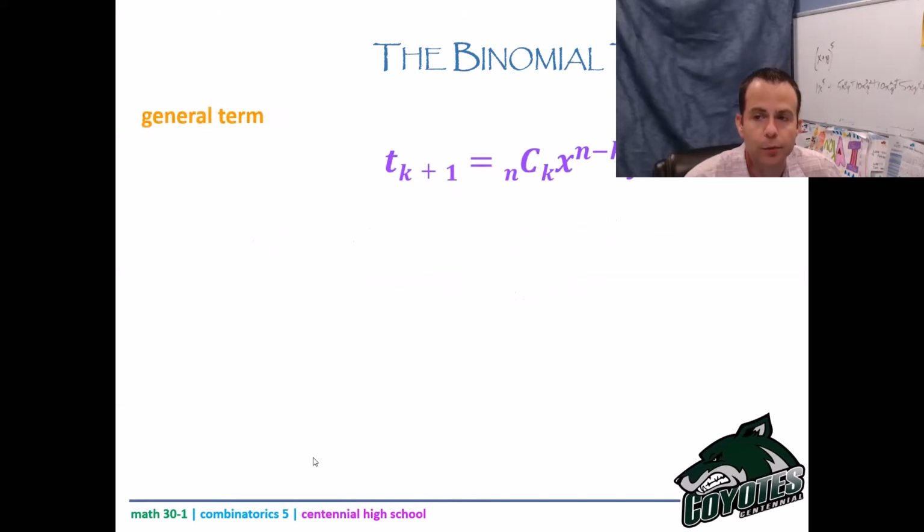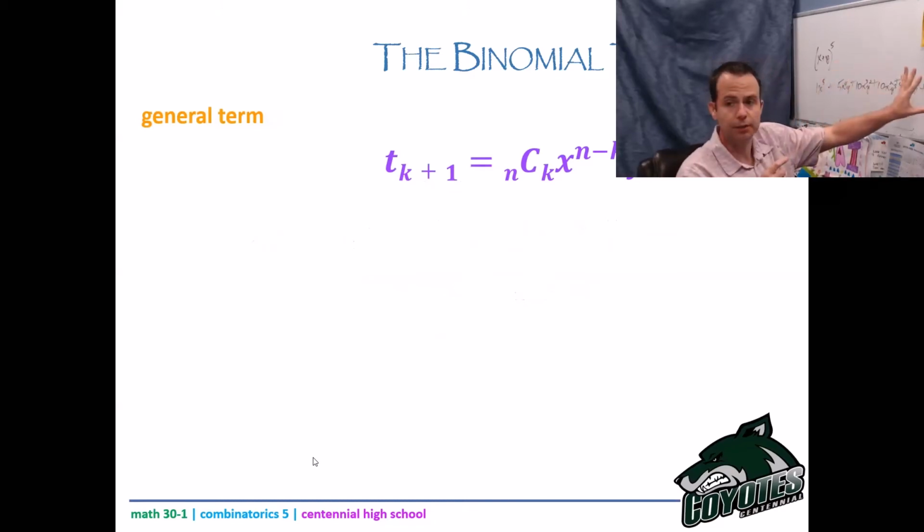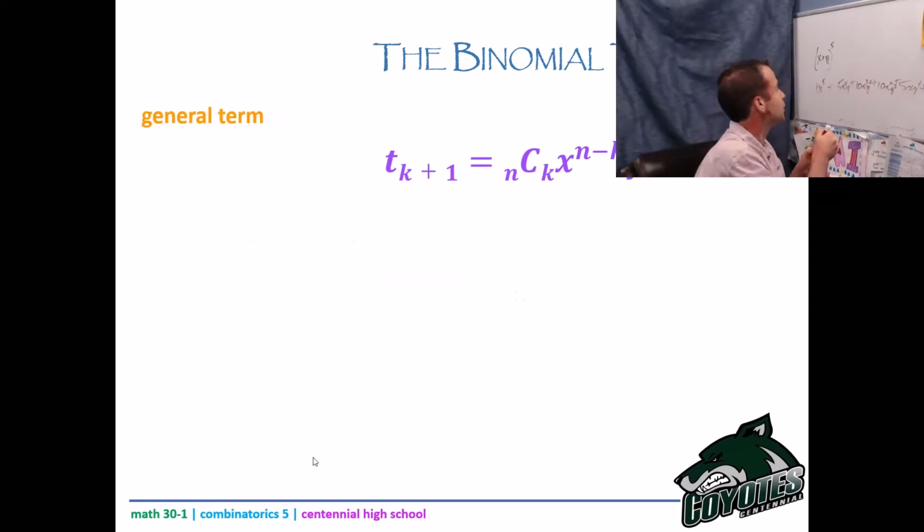This is what we call the general term for any term in a binomial expansion. Now, what I need you to understand before I define what n and k and x and y are, this is for one term. This is the whole expansion, okay? But what I'm looking at right here is, what if I just wanted this guy right there?